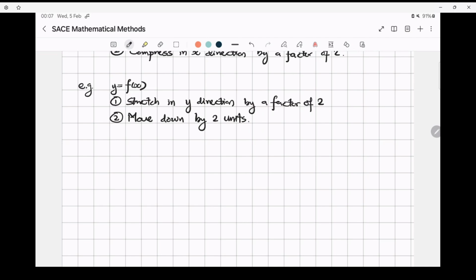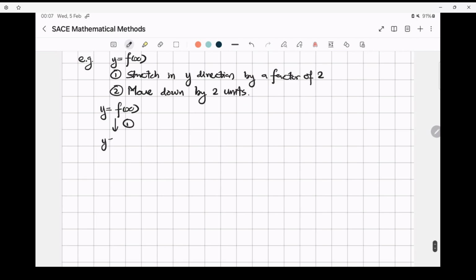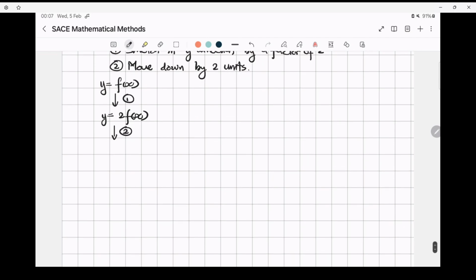Originally you have y equals f(x). After the first transformation, you get 2f(x) because it's a stretch in y direction. Then after the second transformation, you move down by 2 units, so you minus 2. This is your outcome if you do 1 first and then 2 later.